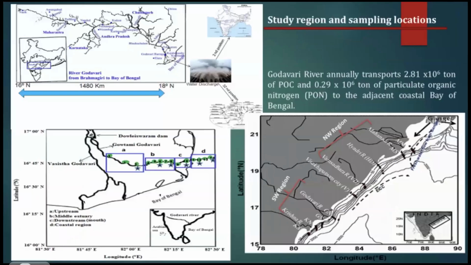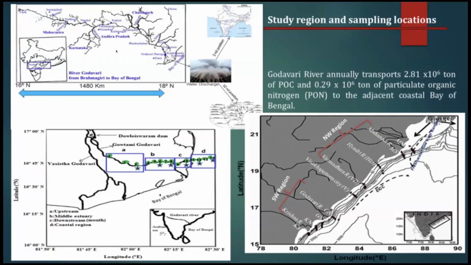We selected the Godavari estuary, the second largest river, a perennial and non-perennial river, which covers almost 1,500 kilometers. It is the second largest one and 32nd largest in terms of water discharge.